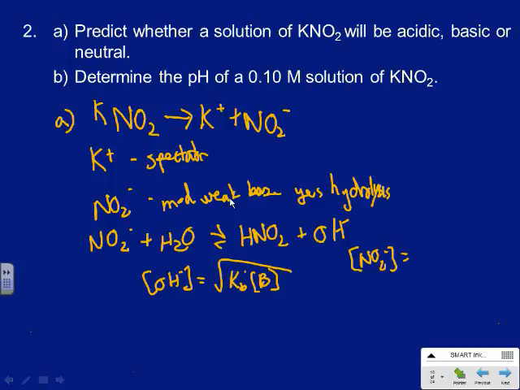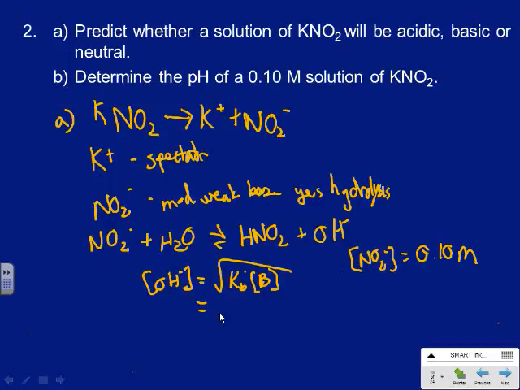How much NO2 minus is going to be in that water? 0.10, because there's only one NO2 minus for each one of these KNO2s. So this is that classic break the ions apart. I could put 1 to 1, but I don't need to. 0.10 molar times 1 to 1, right? There's one NO2 minus in each one of these.